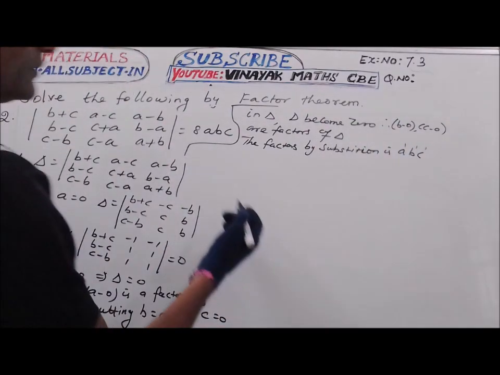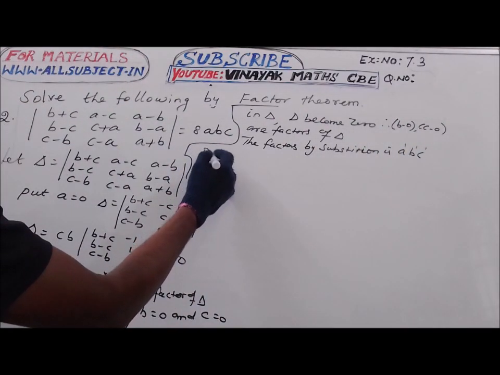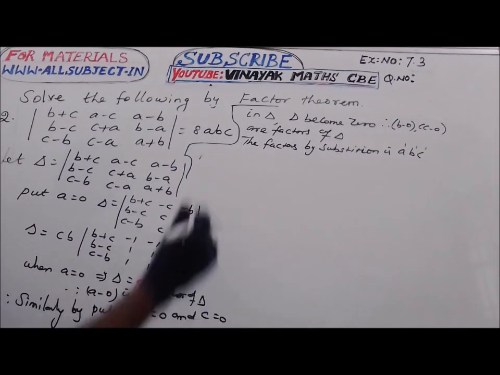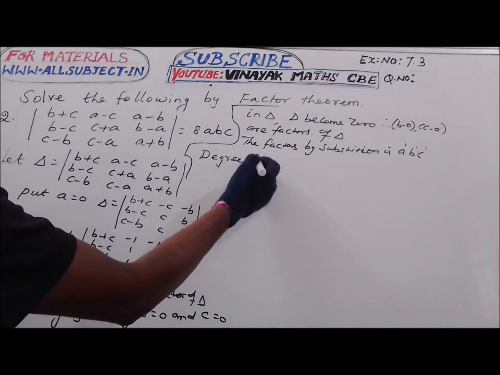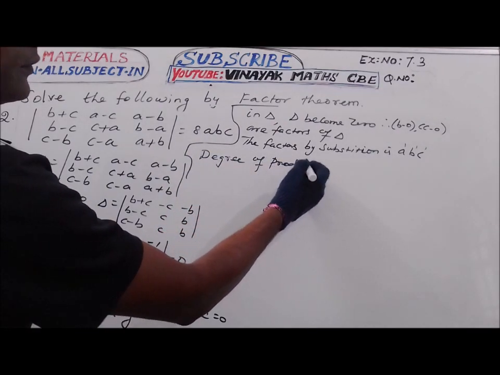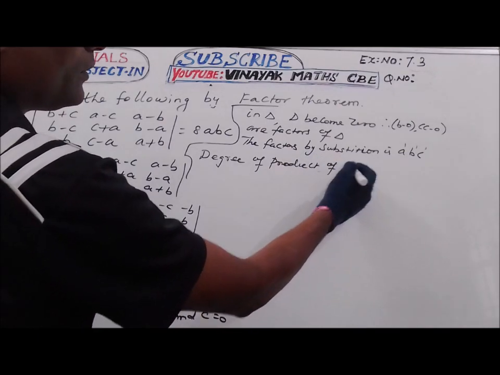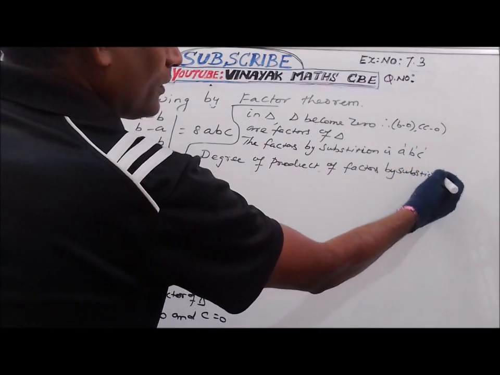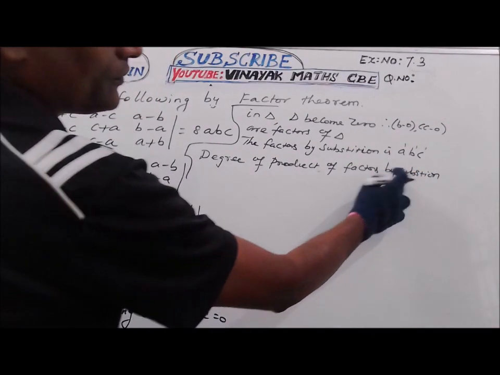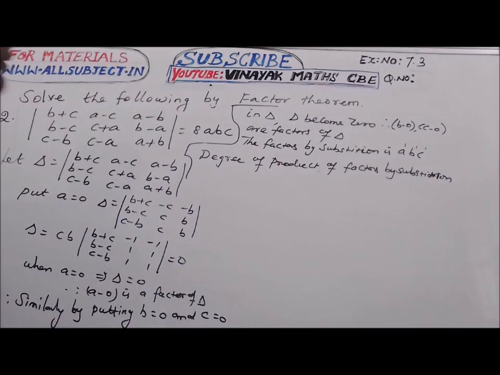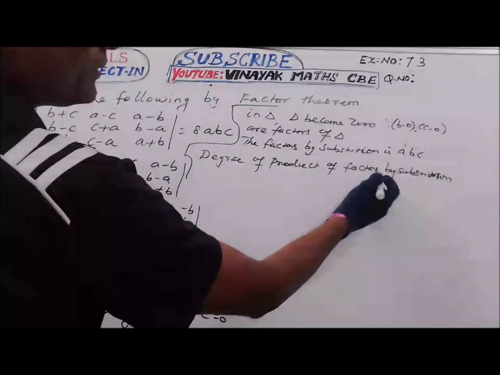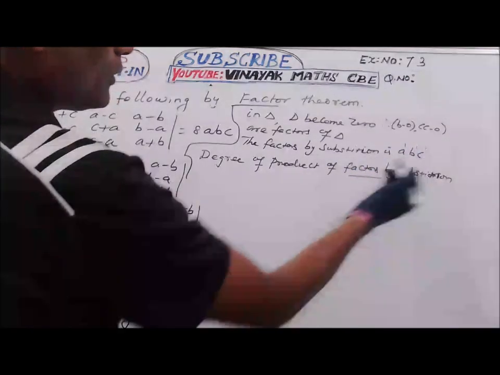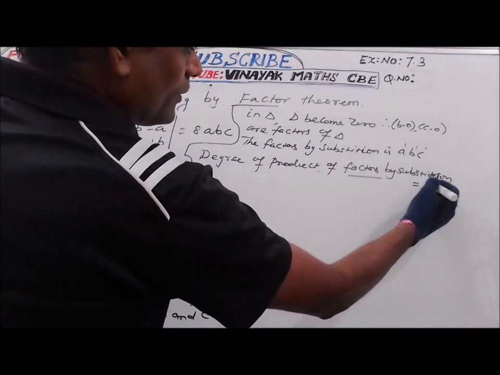So the degree of the product of factors by substitution is A, B, C, each has power 1. So totally we have the degree equal to 3.